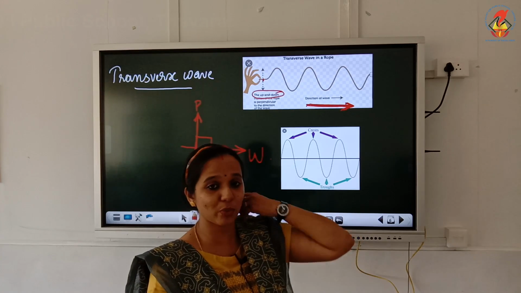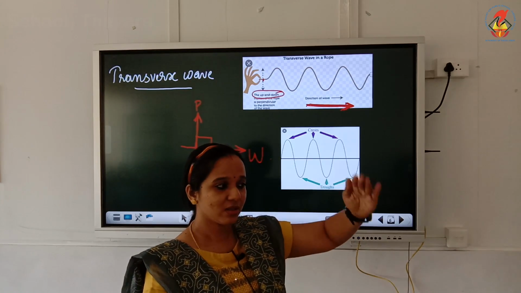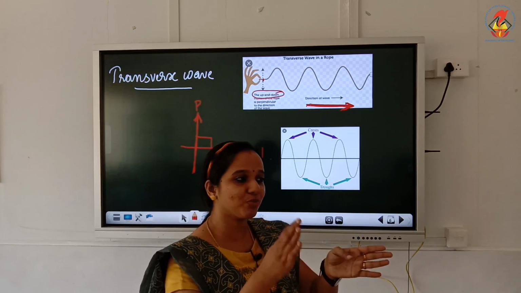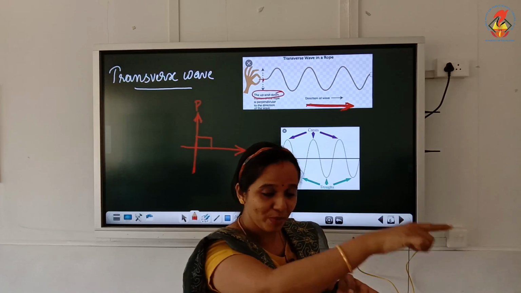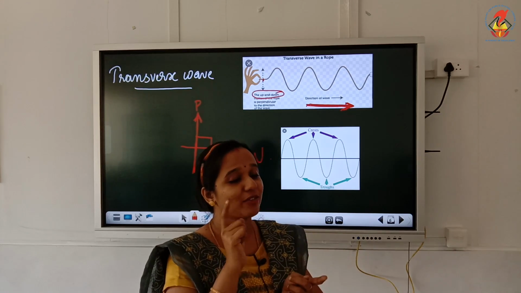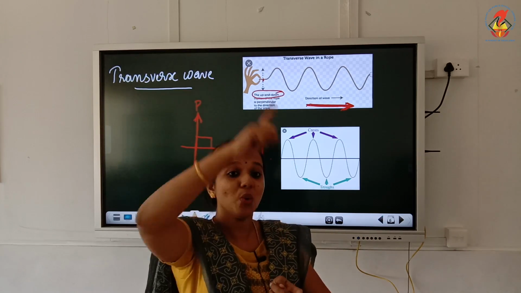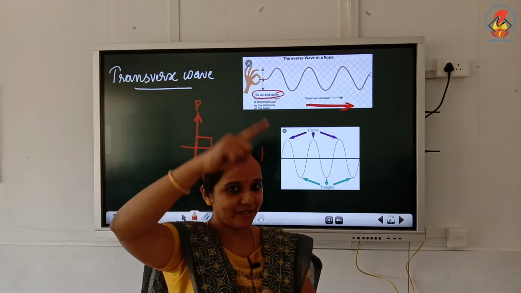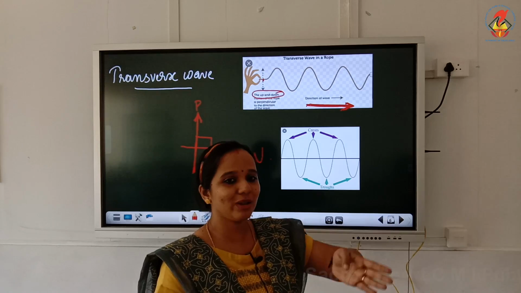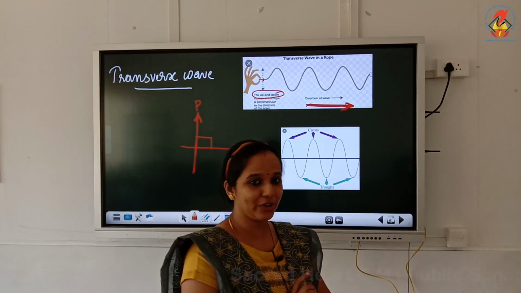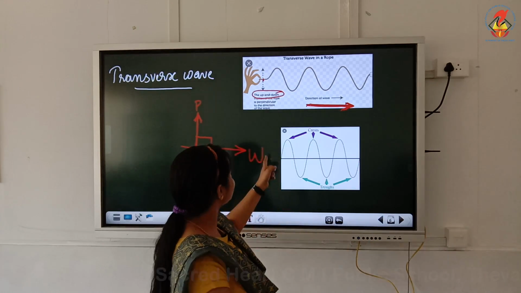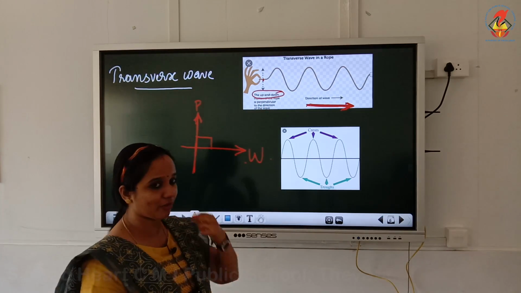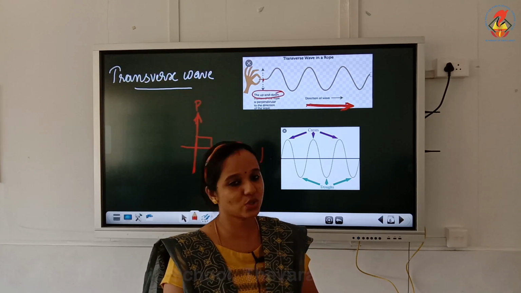You can see that a waveform will be created in the string which moves from your hand to the window, while the ribbon that you have tied onto the string will move up and down. That is a particle. So the particle will move up and down while the wave will move from your hand to the window. So the particle movement will be perpendicular to the direction of wave in case of transverse wave.